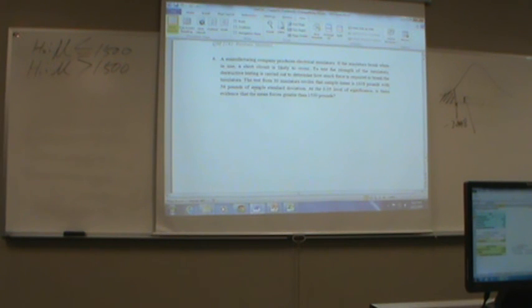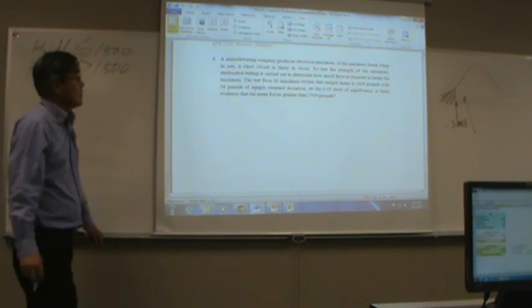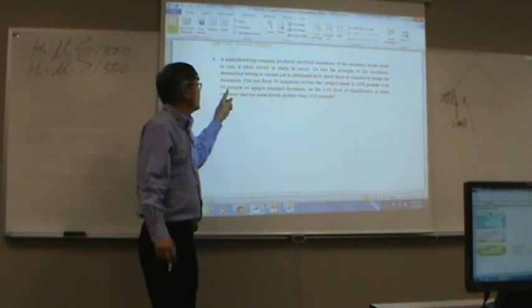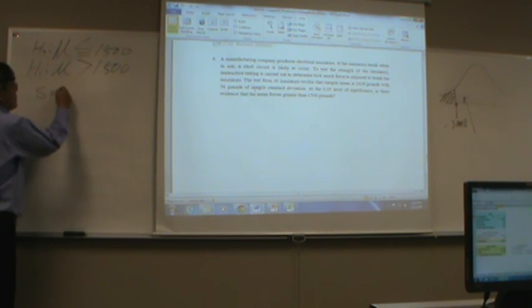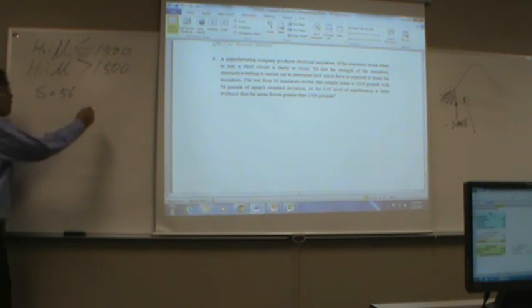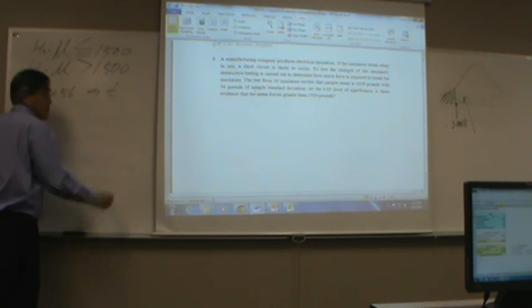Good? This is one tail, right tail, upper tail. Next step, Z or T? T, because the sample standard deviation 56 is given. Sample standard deviation S equals 56 pounds, so it will be a T test.